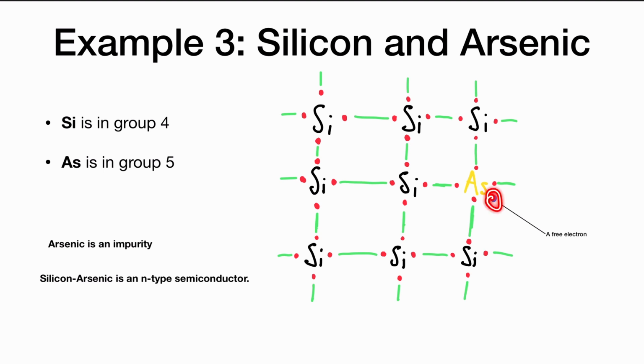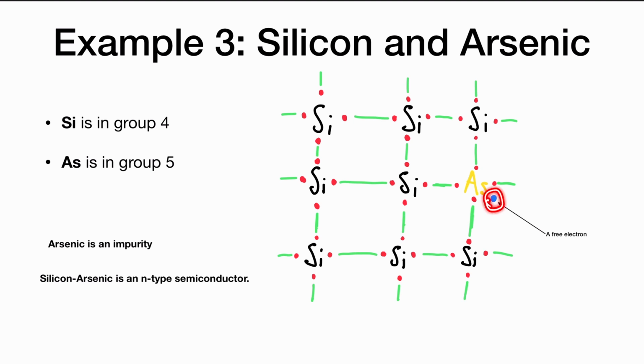The 5th electron, which comes from the arsenic, is going to be available to conduct electricity, which means this electron will have to live in the conduction band, because all these ones have 8 electrons, which means that the valence band is going to be completely full.